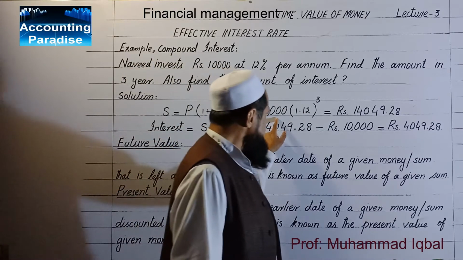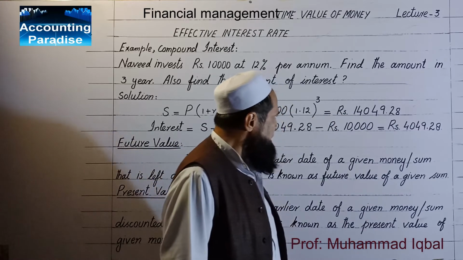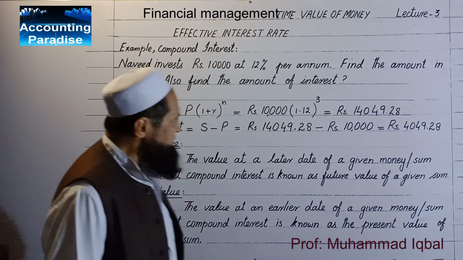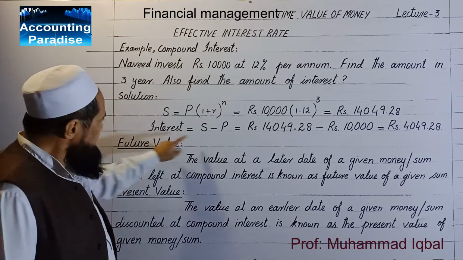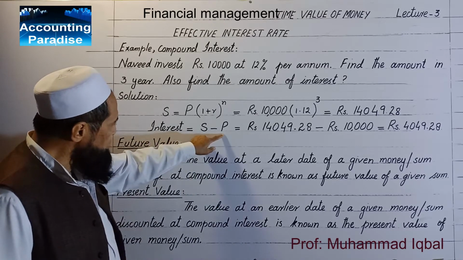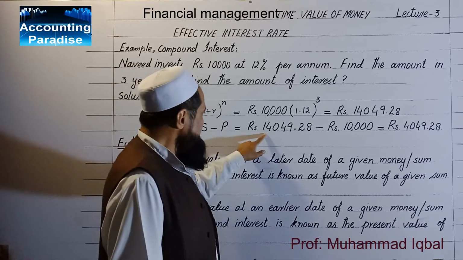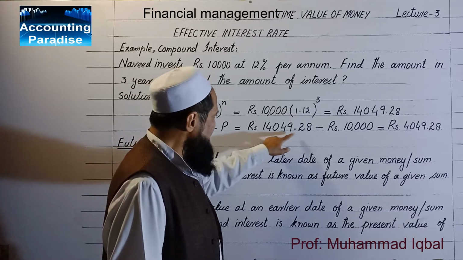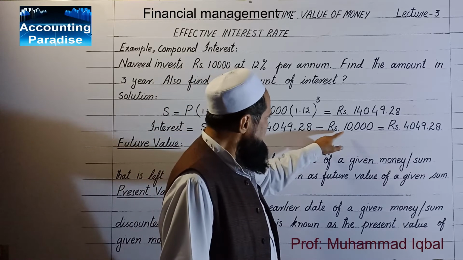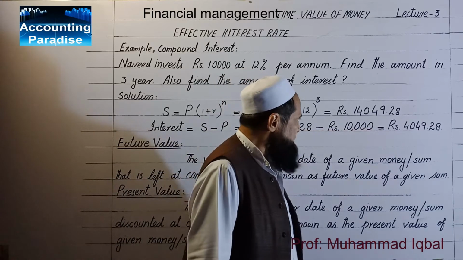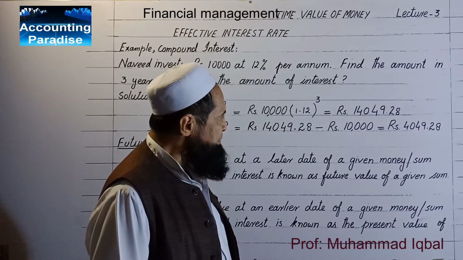When we calculate, this comes to rupees 14,049 and paisa 28. If we want to calculate the interest, future sum minus the original amount invested is equal to 14,049.28 minus 10,000. It comes to rupees 4,049 and paisa 28.